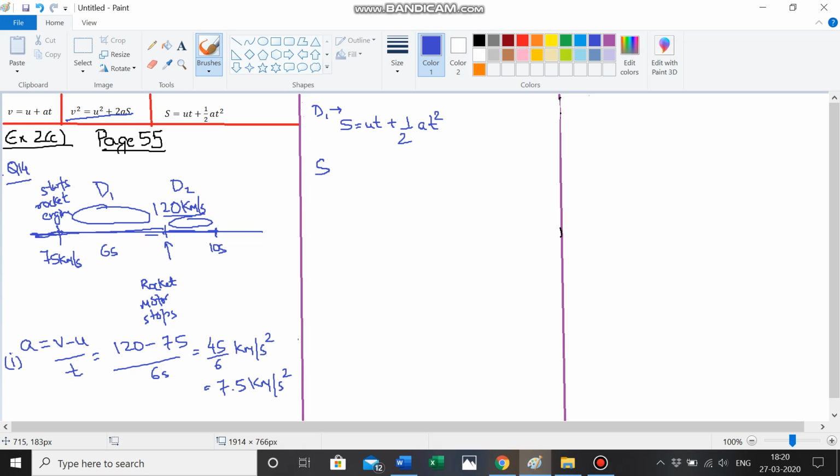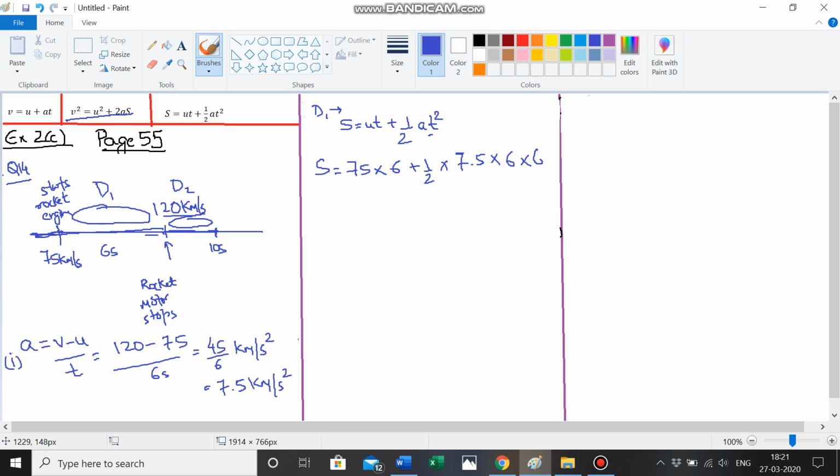So the distance traveled will be u. At this point, u was 75 multiplied by the time for which the acceleration happened, 6, plus half. Acceleration we've calculated at 7.5 in the previous step, and the time for which acceleration happened was 6.